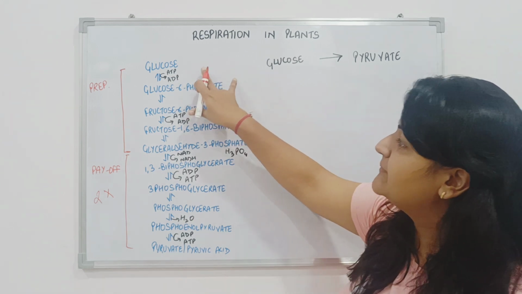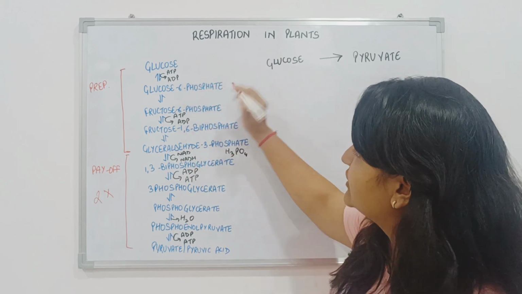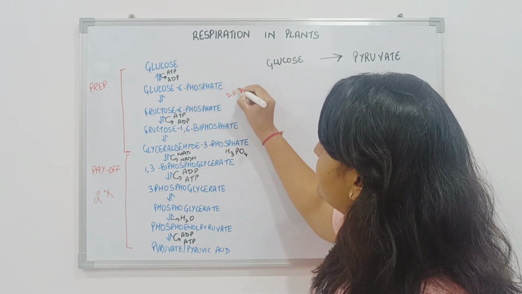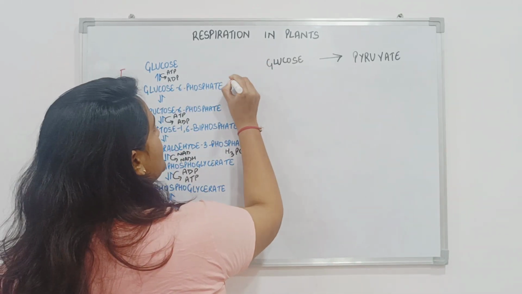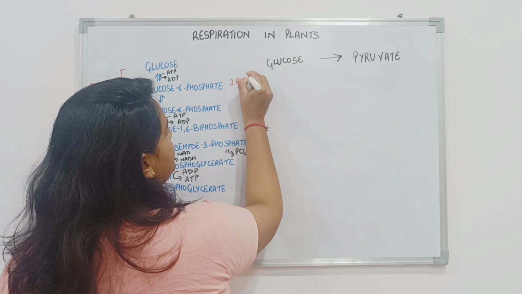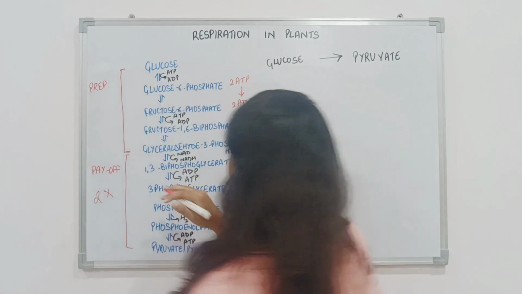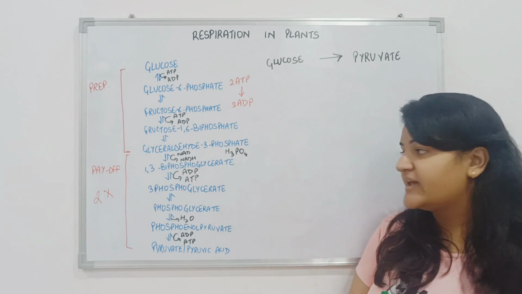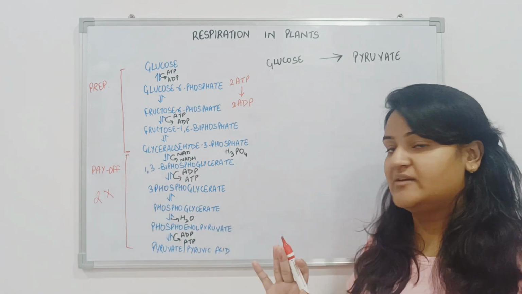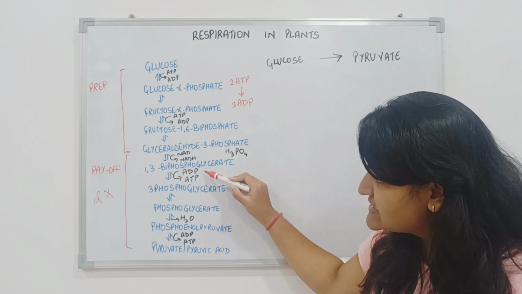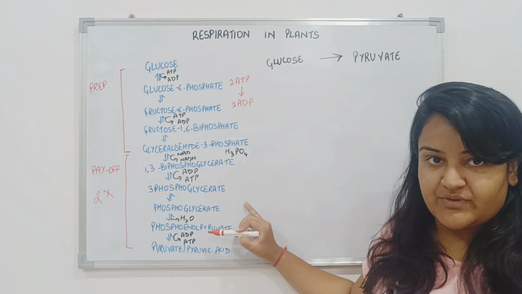So here ATP is converted to ADP, so that means 1 and 2. 2 ATP is converted to 2 ADP in the preparatory phase, right? If we talk about the payoff phase, firstly ATP only we are talking about. 1 ADP and 1 ADP converted to ATP, right?